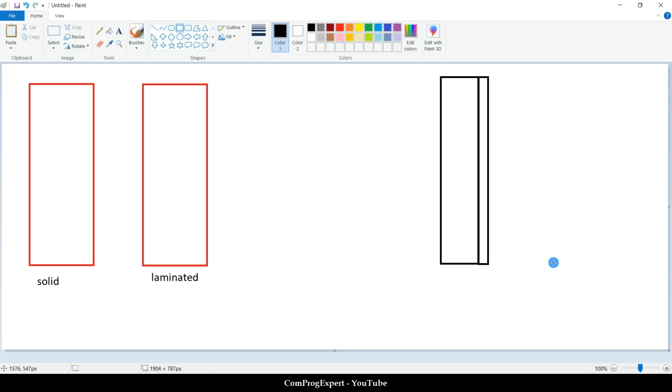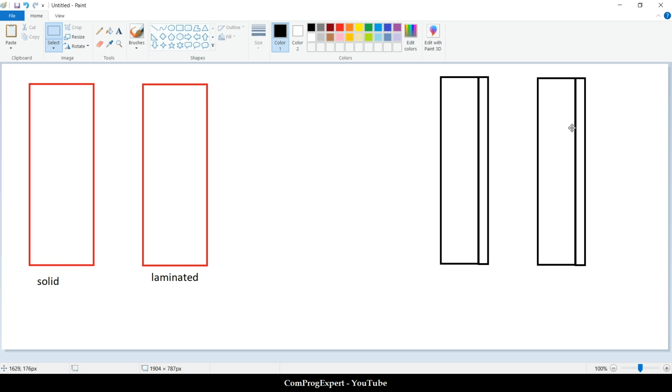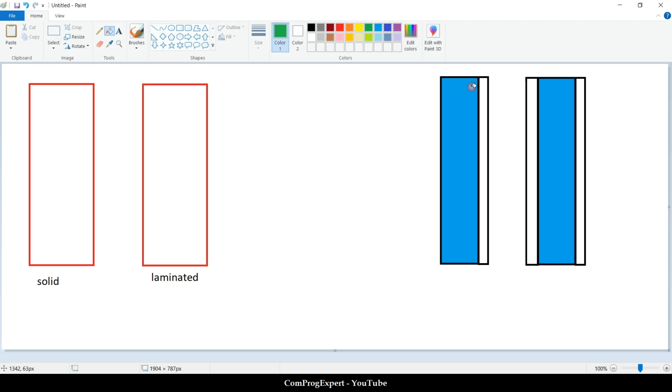We can have coating on one side, or we can have the insulation coating on both sides. So this is the cross section of the iron, and we have coating here, or we can have coating on both sides, the insulation coating.